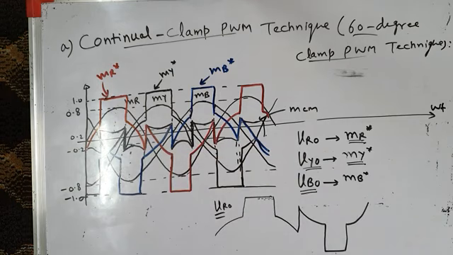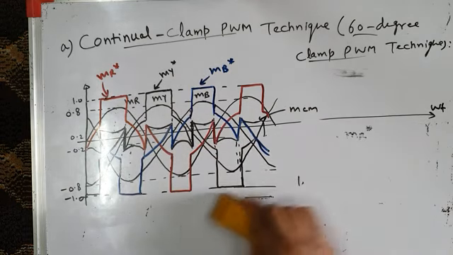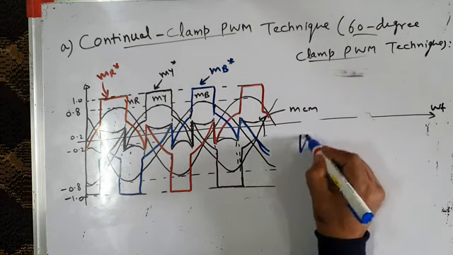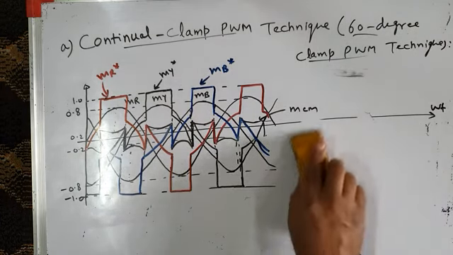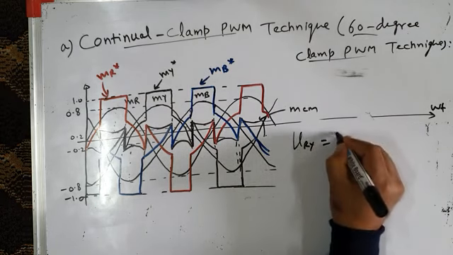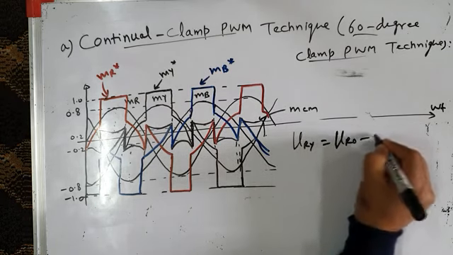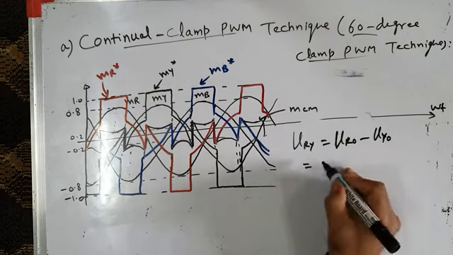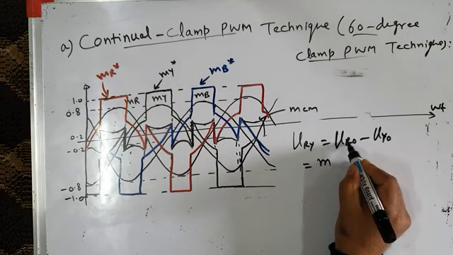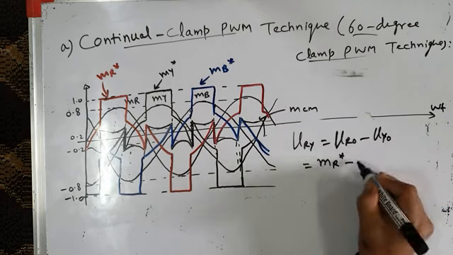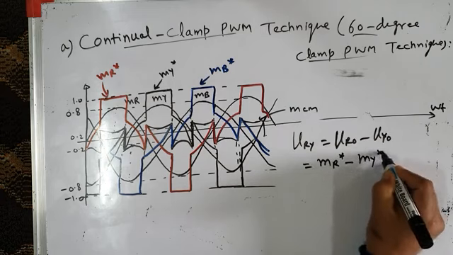So therefore your pole voltages will get modified. But what about your load voltage, line voltage? For example, if you find the line voltage VRY, VRY is pole voltage VRO minus VYO. In terms of modified modulating waves, your pole voltage VRO is determined by MR star, minus VYO is determined by MY star.